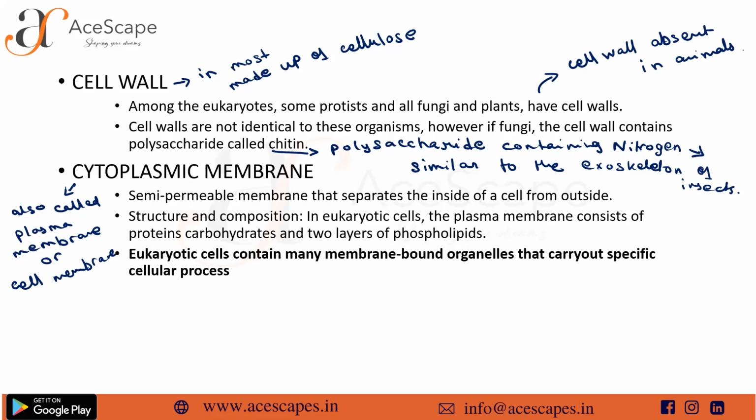The plasma membrane consists of proteins, carbohydrates, and two layers of phospholipids. Phospholipids are lipids.